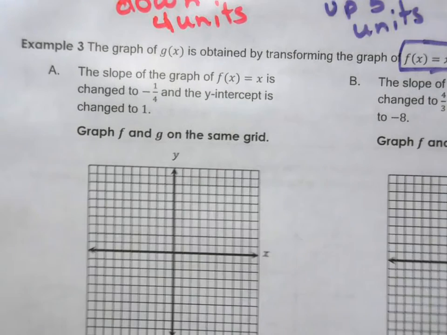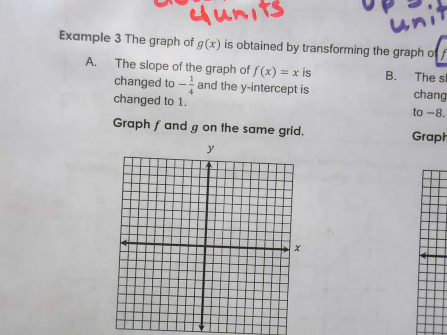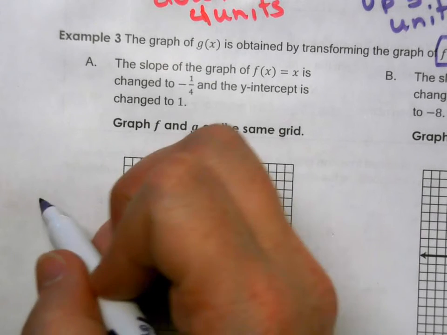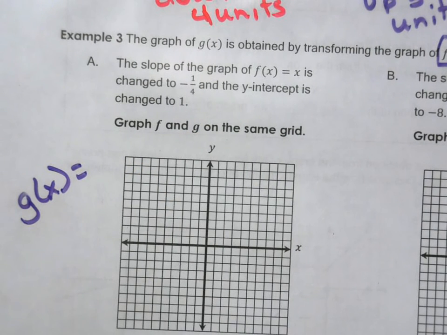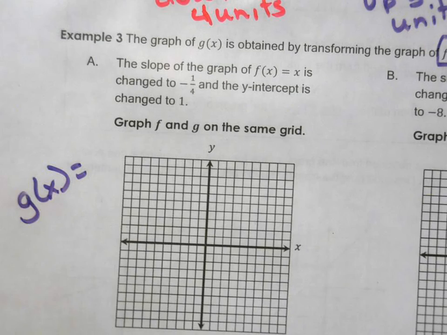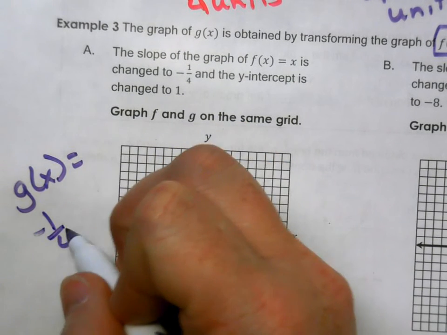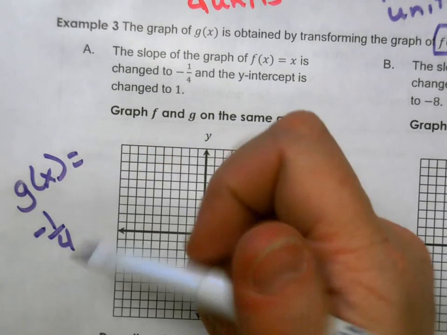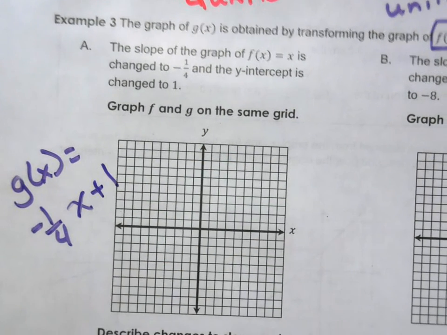So how can I rewrite that equation? Start with g of x equals, and they changed the slope to negative 1/4, which would be negative 1/4 x, plus 1.